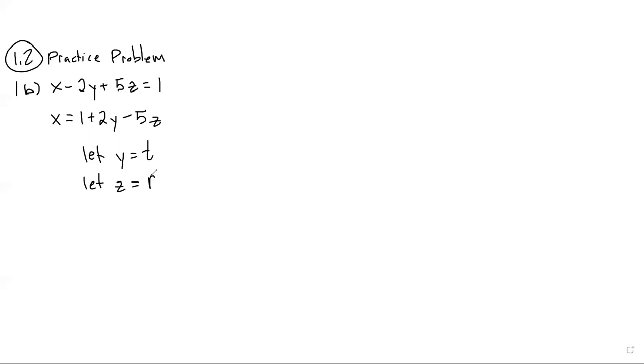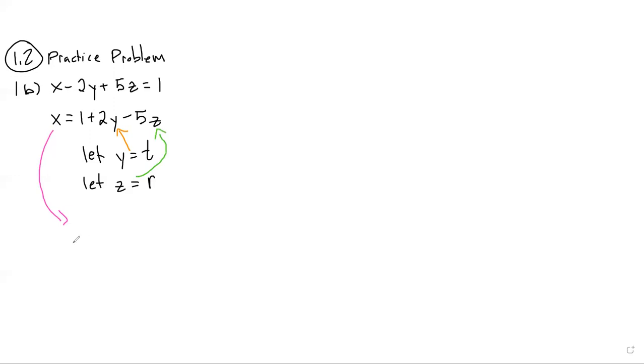I personally will avoid s a lot because my 5s and s's sometimes tend to look very similar to each other. So I usually do stick with t and r. But once I have those, what I'm going to now do is just rewrite this equation by substituting y equals t in, and making this switch here for r.